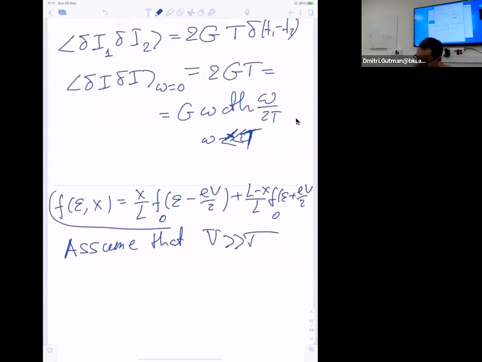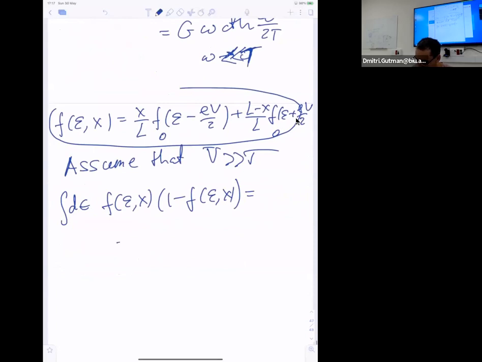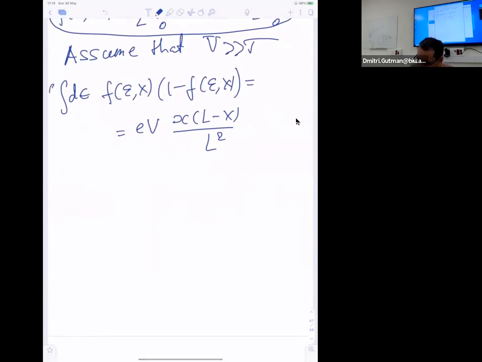Then we plug this into the expression and we find that the integral over energy of f(ε_nx)(1 − f(ε_nx)) is equal to eV_x (L − x)/L squared, which means that if we integrate this with respect to dx, we integrate a function which is x squared. Okay, so after completing this non-trivial exercise, we get that this is eVA over 6.